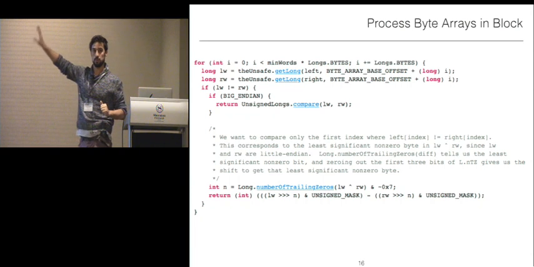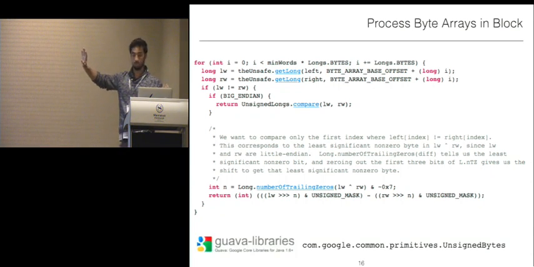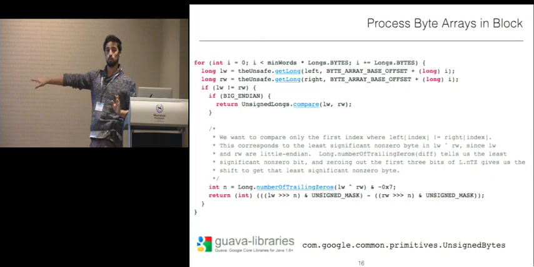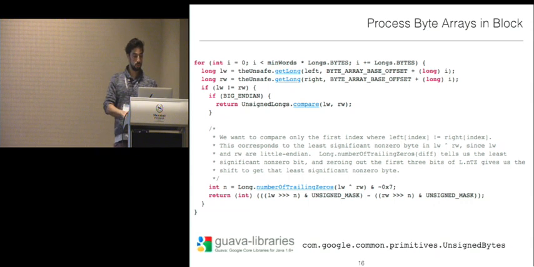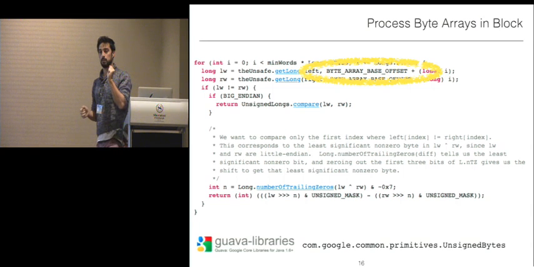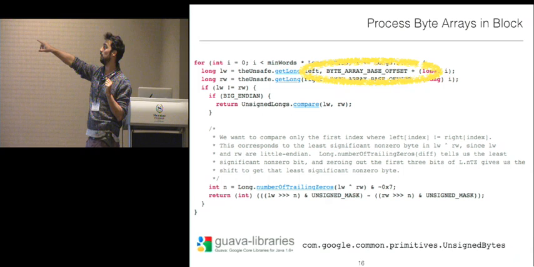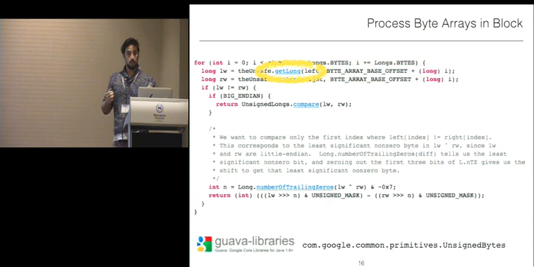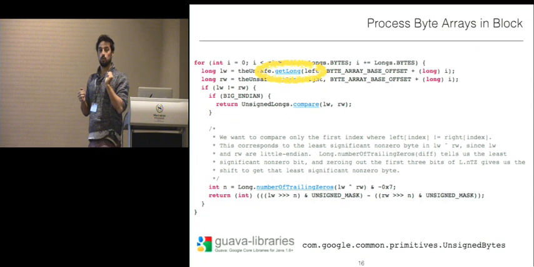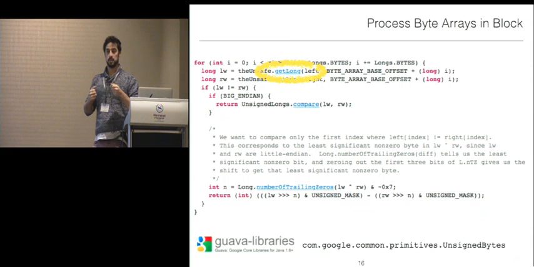I don't expect that you read it, but the basic idea is that this is an excerpt from Guava, a popular library from Google. The idea here is that first you need to know where the payload of an array starts. And you can know this with arrayBaseOffset. Then the key point is that with getLong you can get 8 bytes at a time from the byte array.